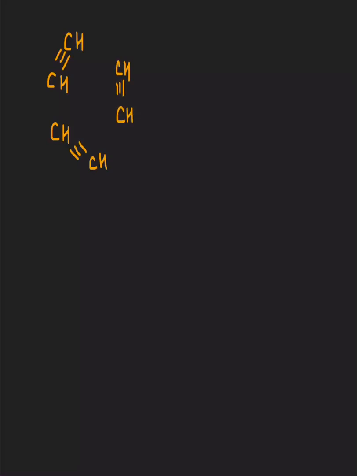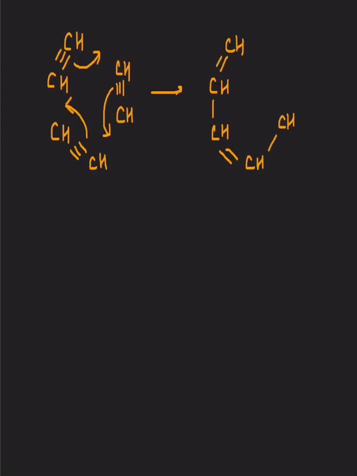These are 3 molecules of acetylene. And there we go. We play passing the parcel, and we have CH double bond CH, and this gets a single bond now. Double bond CH, single bond CH, double bond CH, single bond, right? Or simply put, this is what we get, and this is called benzene, right?